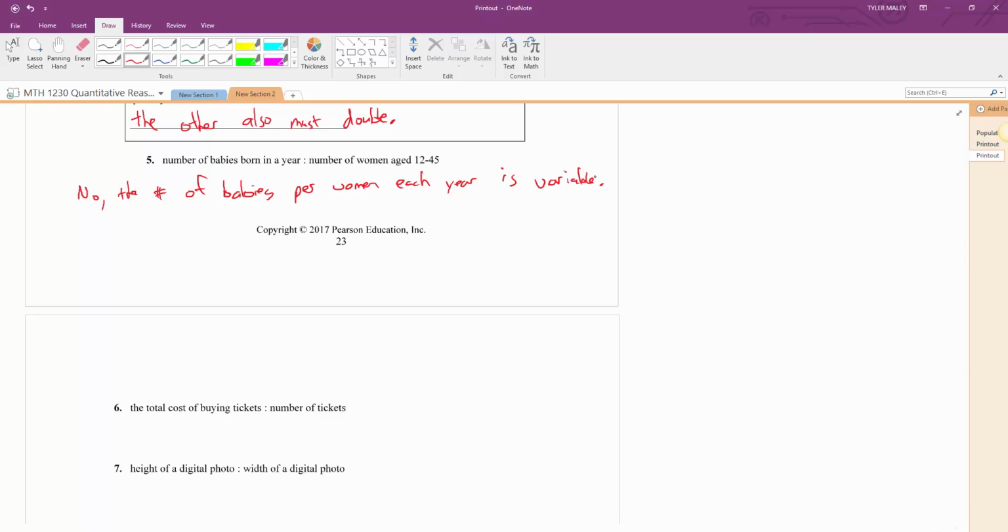It's not going to remain the same each year, right? So we could say, as I was saying, for example, recessions result in fewer women choosing to have children.